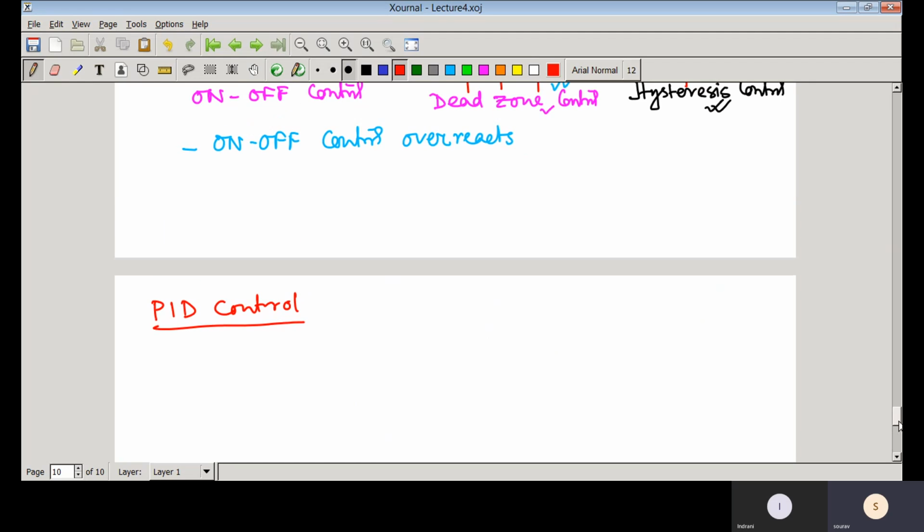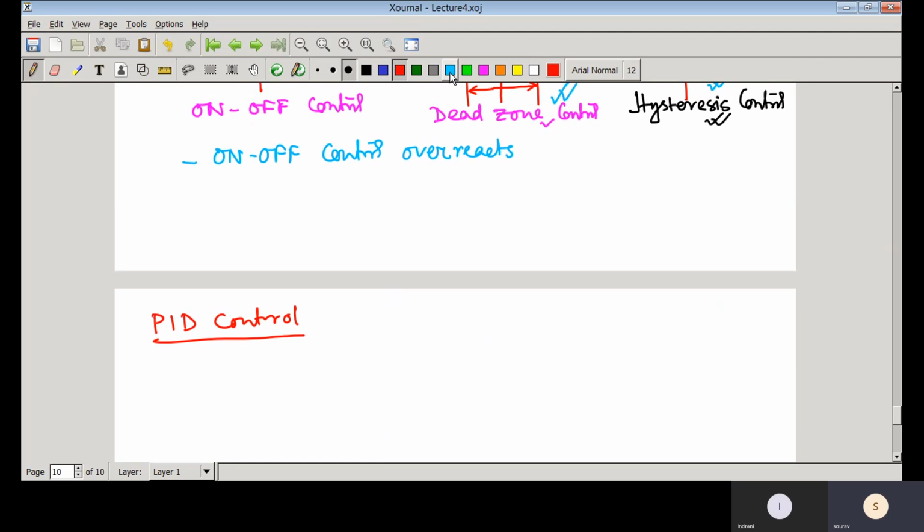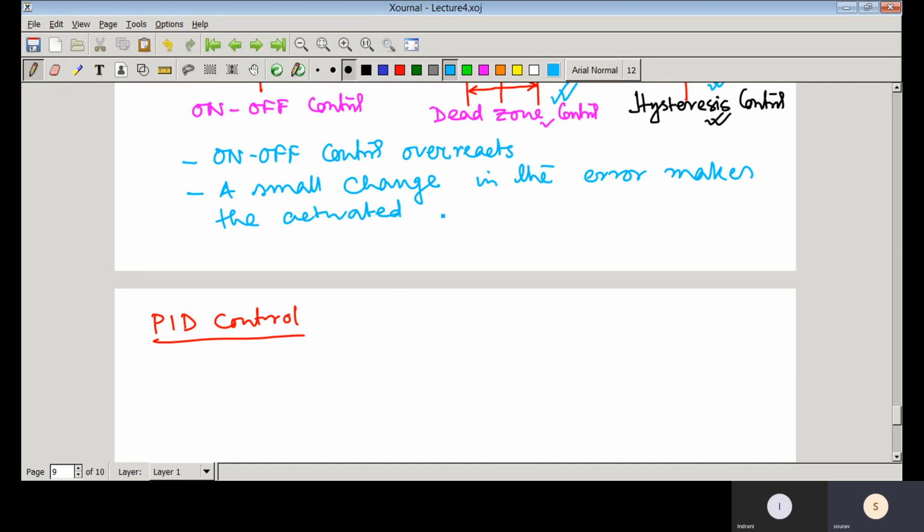Here I can also point out, better to elaborate these things, that a small change in the error makes the actuated variable, that is U, change over the full range.